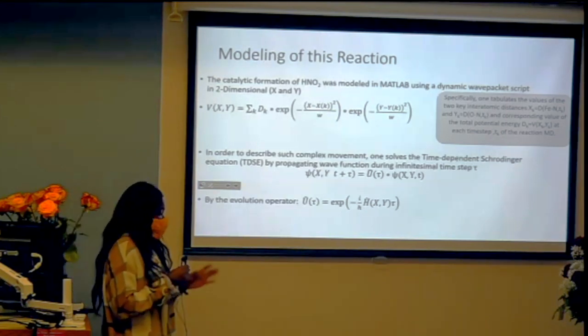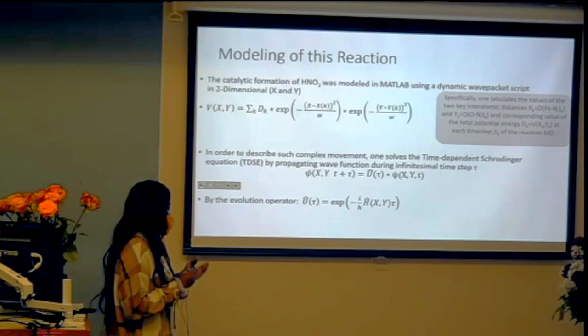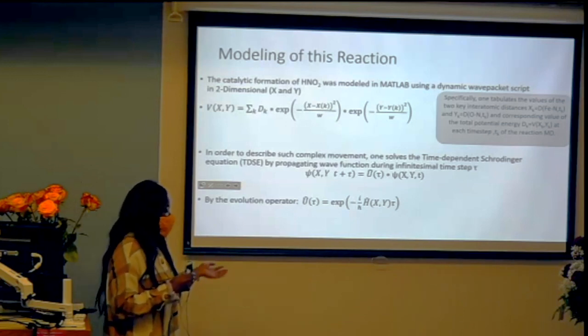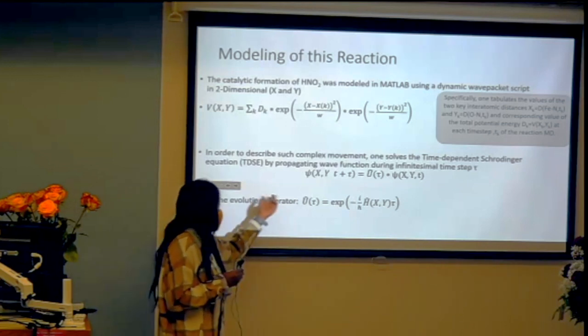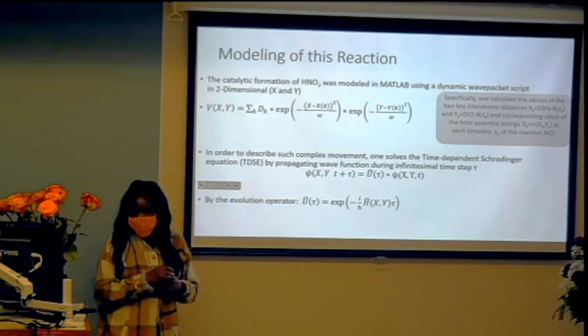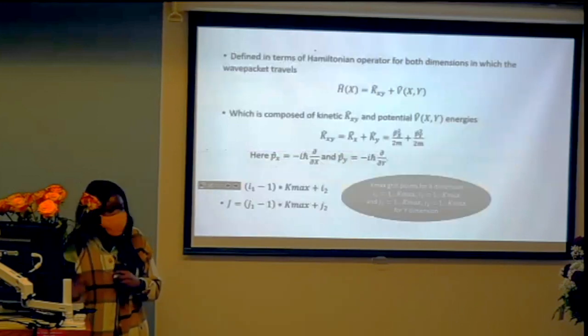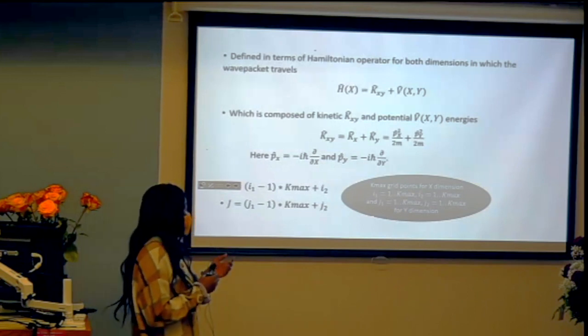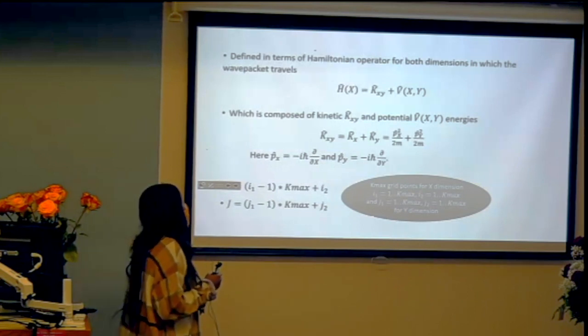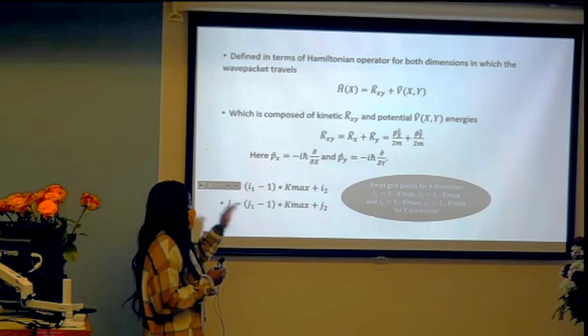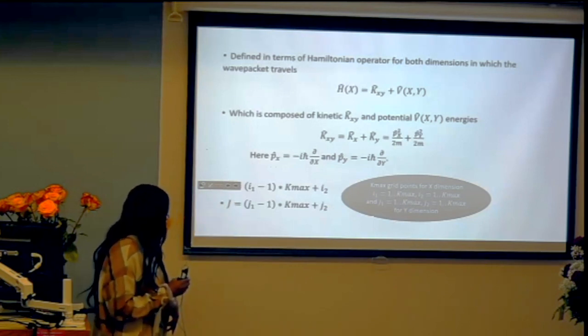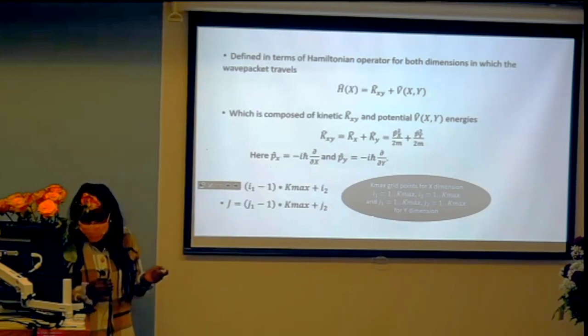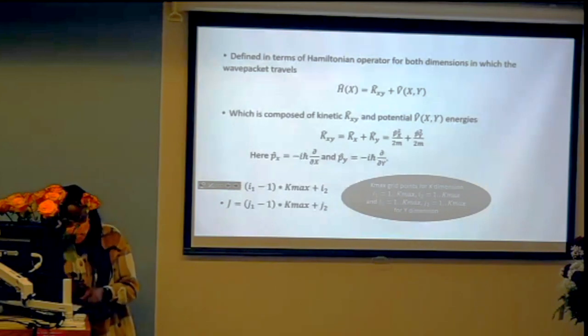In order to describe such movement, one uses the time-dependent Schrodinger equation, which we have learned, by the evolution operator, and then in terms of the Hamiltonian operator, which is composed of the kinetic energy and the potential energies. Here's the key part.